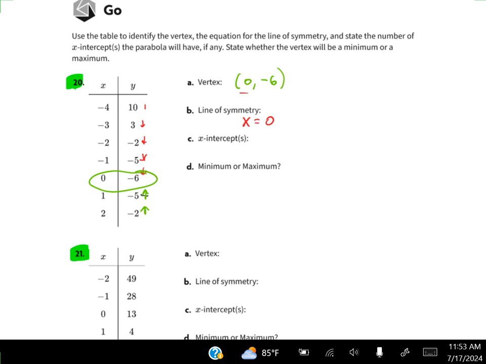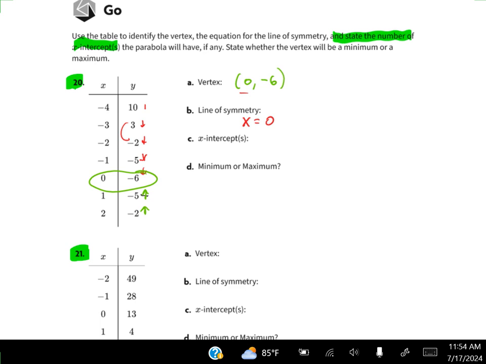The x-intercepts. So looking at it, we have a parabola that can either have 0, 1, or 2 x-intercepts. So the number of x-intercepts is what we're looking at, not what they actually are, because we can't really tell what they are from the table alone, but the number of x-intercepts. So notice that we're going from a positive value here to a negative value.